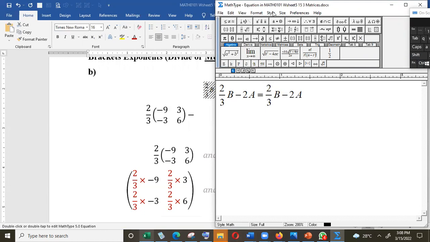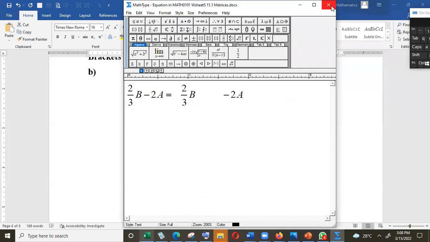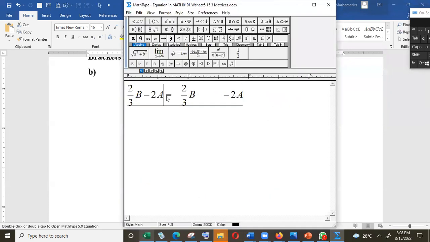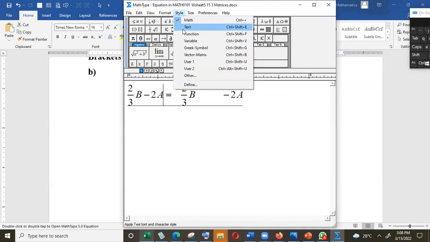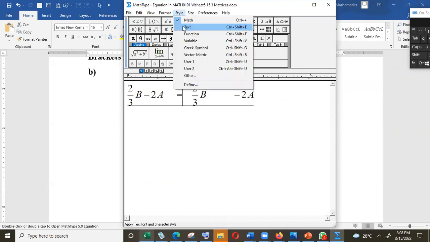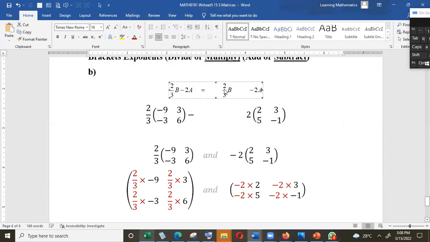Please practice this a couple of times so you can feel comfortable separating the terms so you can get a better handle of it. Okay? Practice separating terms. So this and that are the same. And that is 2/3 B and -2A.